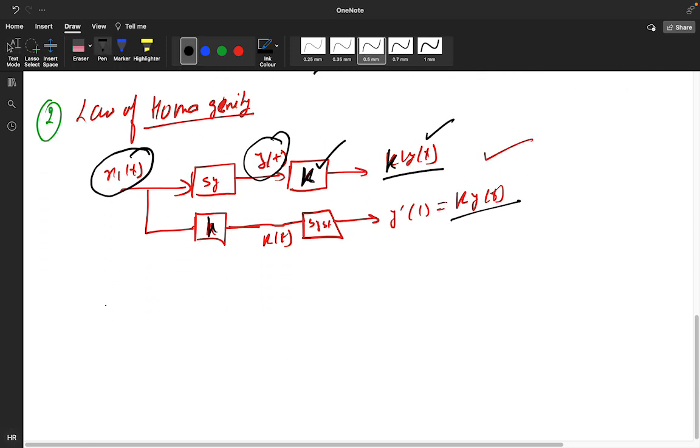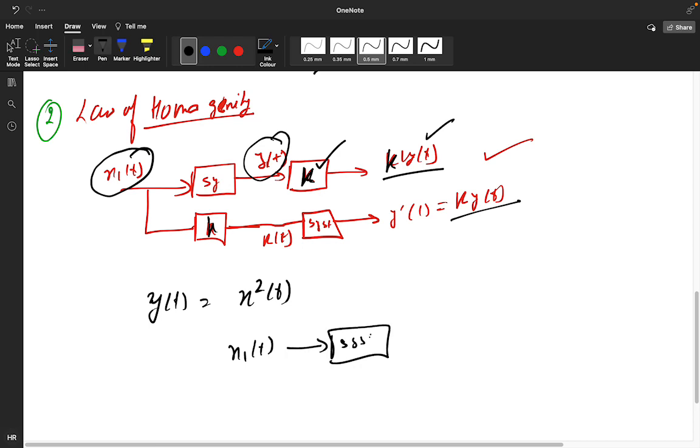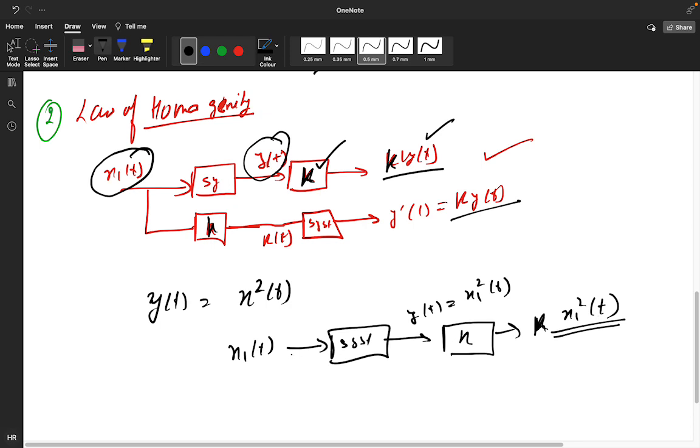An example: y of t is equal to x square of t. First your input x1 of t is passed through the system, so the output is x1 square of t. Then this is multiplied by k, giving k x1 square of t. Now first multiply the input, then pass it through the system.